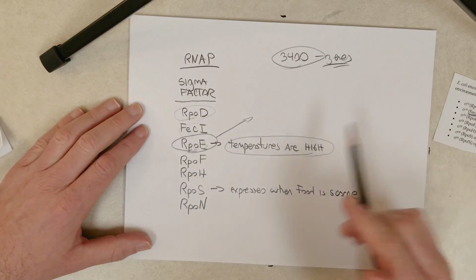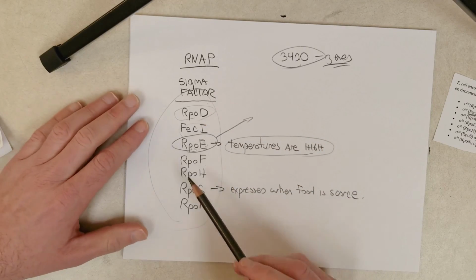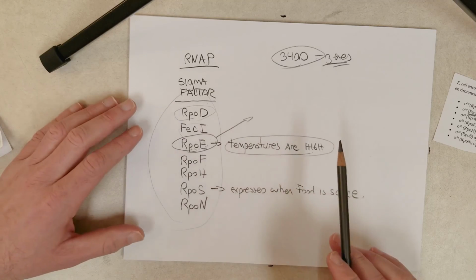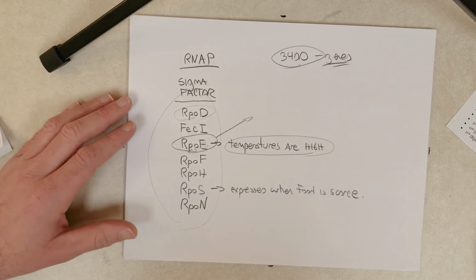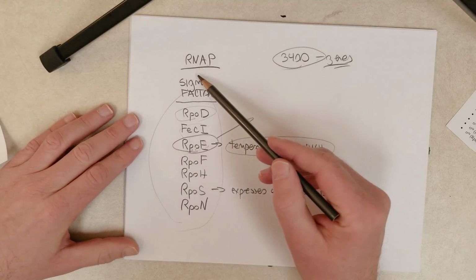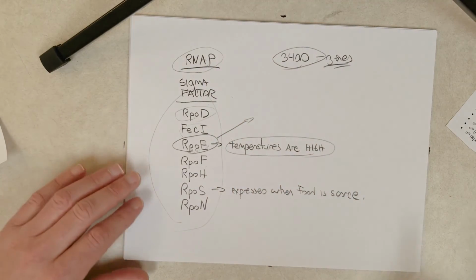Okay, so essentially the different sigma factors are all in charge of helping turn on sets of genes that help E. coli survive better in different environmental conditions. So that's one way RNA polymerase in prokaryotes is recruited to certain genes under certain environments.